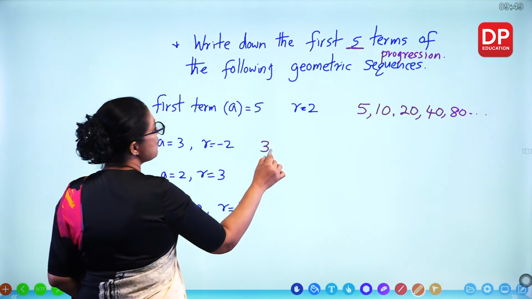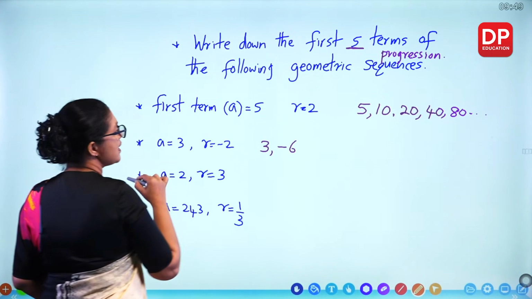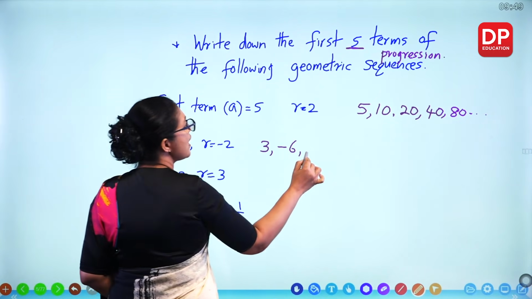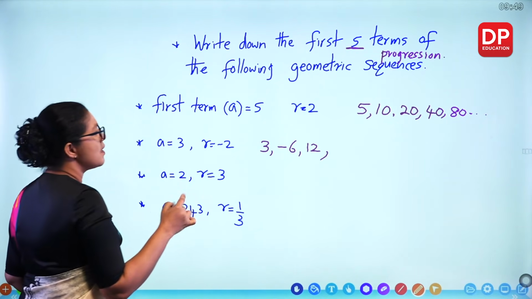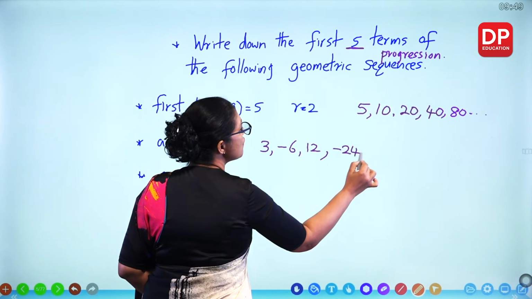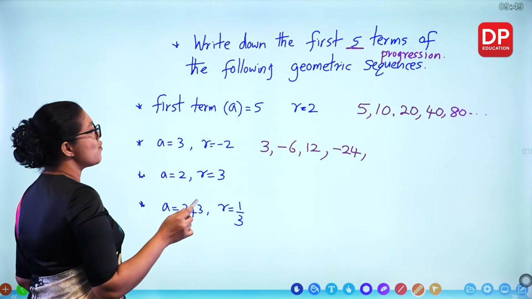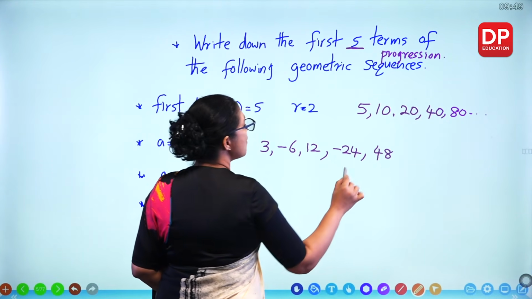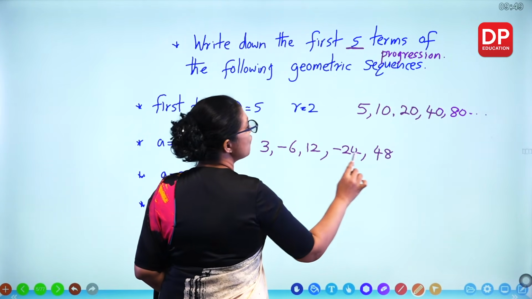Multiply: 3 times minus 2, you get minus 6. Minus 6 times minus 2, you get plus 12. Plus 12 times minus 2, minus 24. Minus 24 times minus 2, you get plus 48. 1, 2, 3, 4, 5.